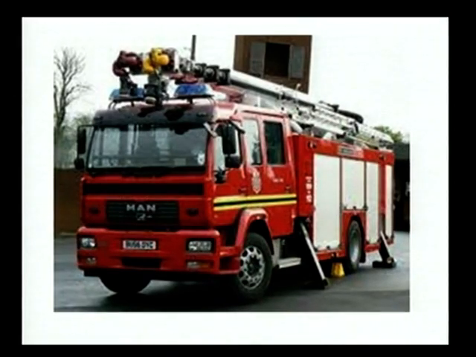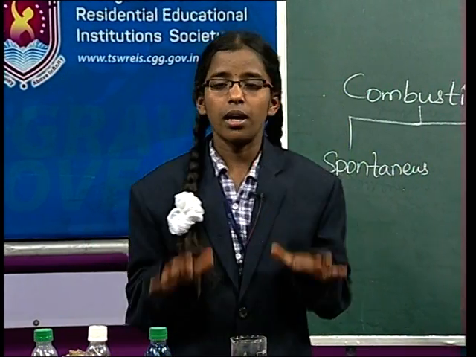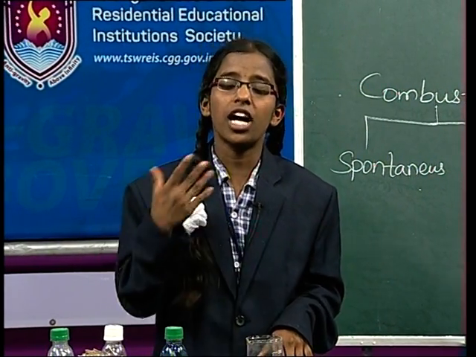And friends, if there is any fire accident, we immediately call the fire station, and the fire engine will come. After coming, they will spray water to control the fire. We can spray water to cool down the ignition temperature and get down the temperature to control the fire.